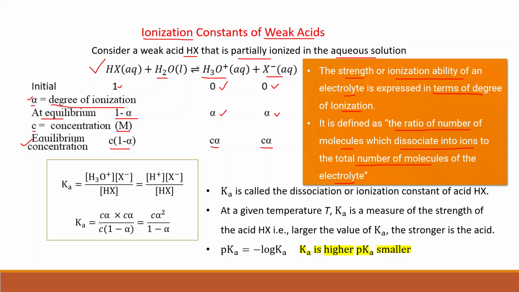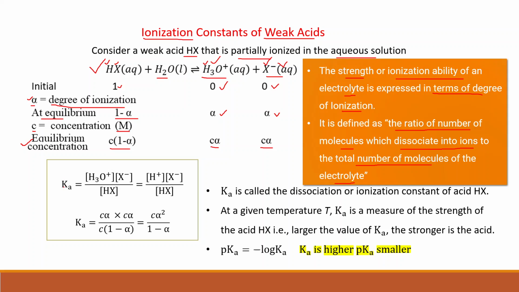According to the stoichiometry of this equation, when one molecule is ionized, we get 1 of H3O+ and 1 of X-. So when alpha molecules are ionized, we get alpha of H3O+ and alpha of X-. Is that clear? Now for this we can write the equilibrium constant.